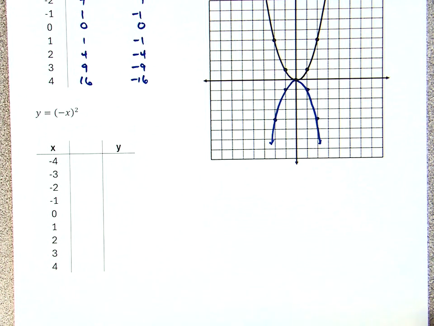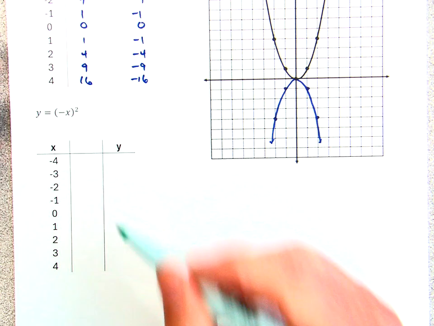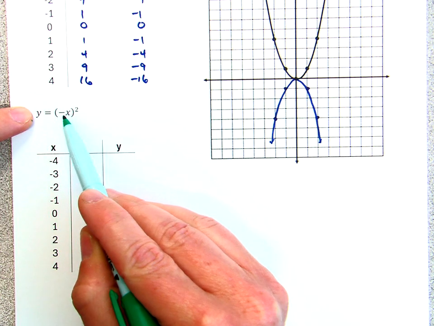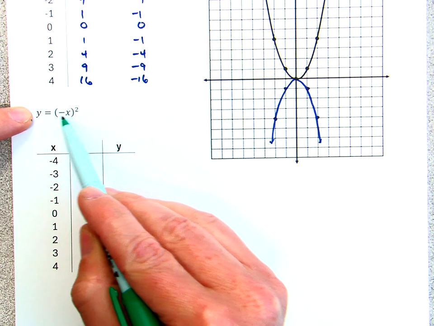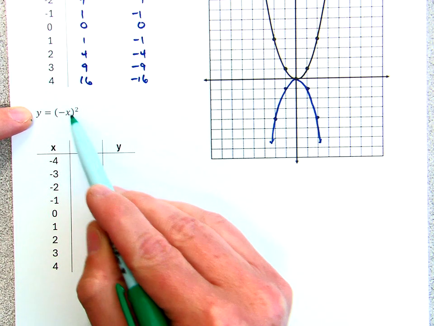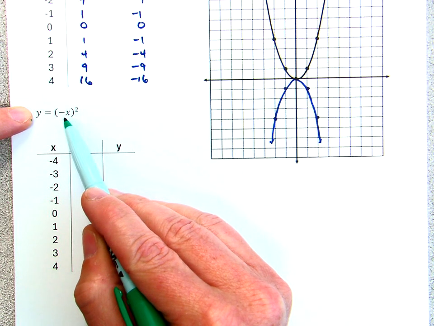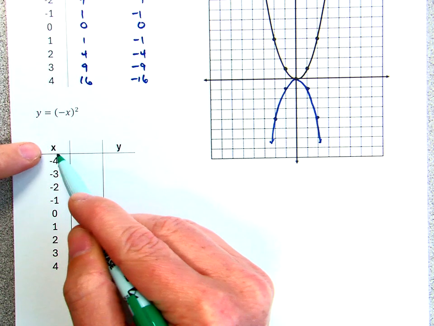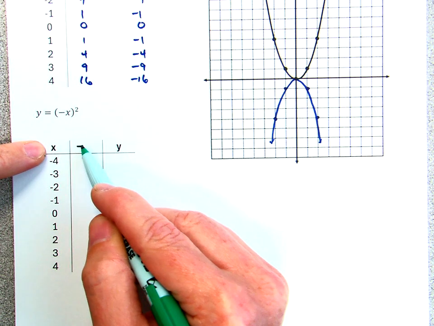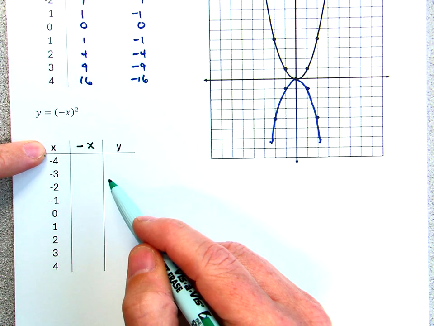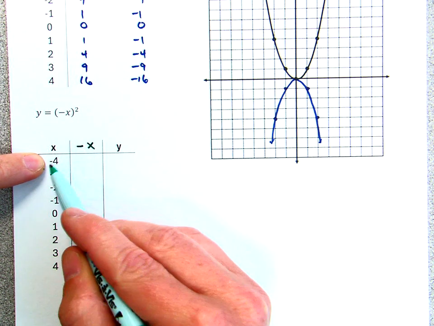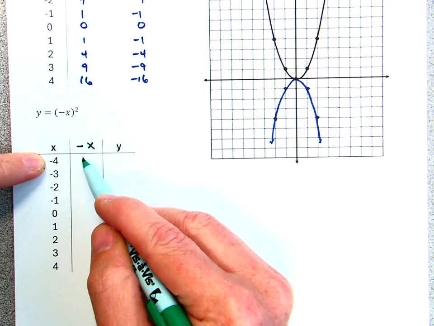Now this one, I kind of left a space here because in terms of order of operations, we would need to take the opposite or multiply each x by -1 first before we square it. So this guy is going to have an effect on x's, right? I mean, I can say that whatever x I pick, I want the opposite of that, right? So the opposite, or a negative times a negative, if you want to think of it that way, is a positive, right?